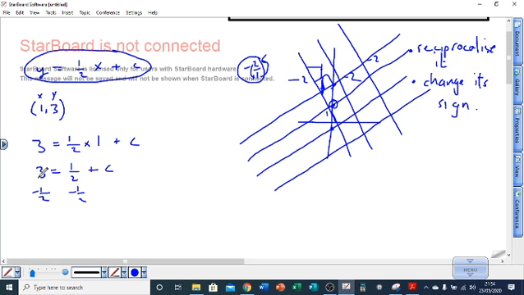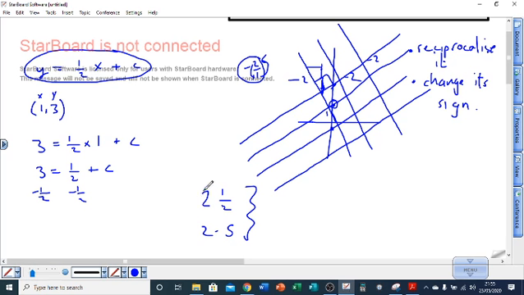Now, mathematicians don't like stuff like 2.5. What we much prefer, that means exactly the same as that, but we like to write it as a top-heavy fraction. So how do you make this as an improper top-heavy fraction, improper fraction? Well, 2 times 2 is 4.